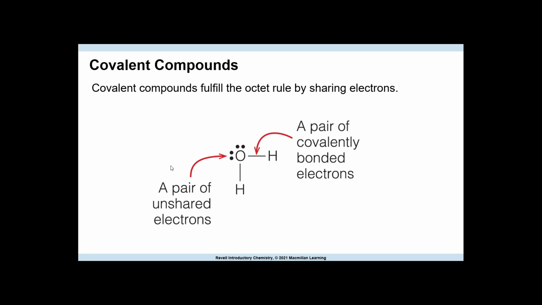The oxygen has 4 unshared electrons, 2 pairs, and 2 covalent bonds. Between the unshared and the shared electrons, oxygen has 8: 2, 4, 6, 8. Hydrogen fulfills its level by having 2, which it does on both of these. So everything is filled the way it needs to be in its valence level, fulfilling the octet rule for oxygen and the duet rule for hydrogen.